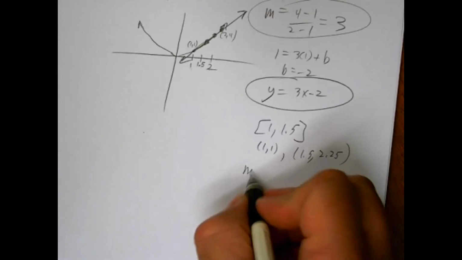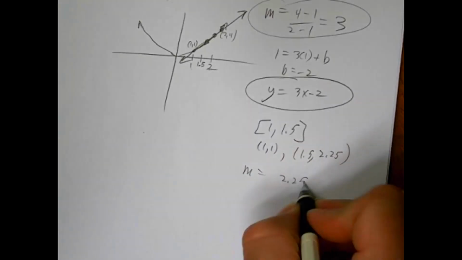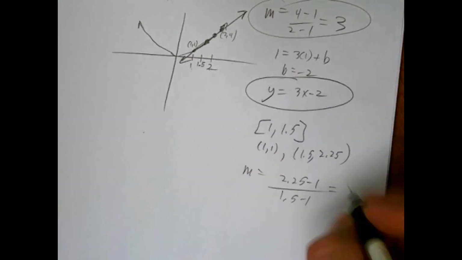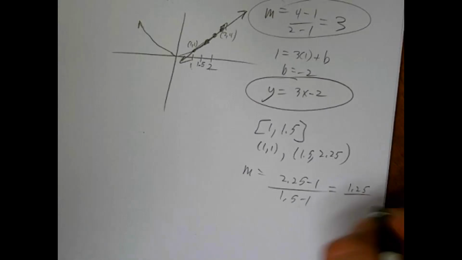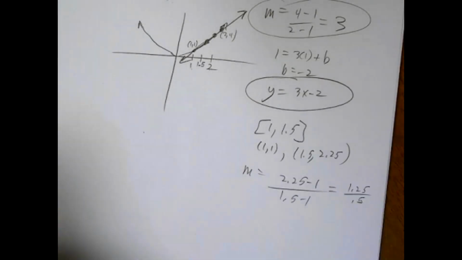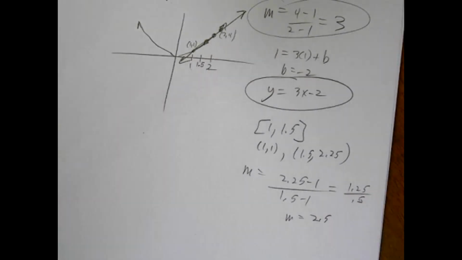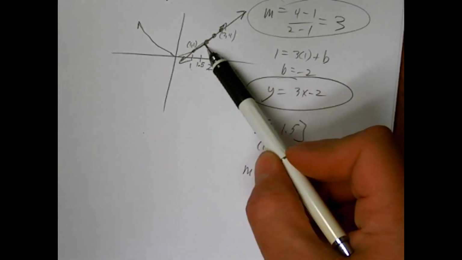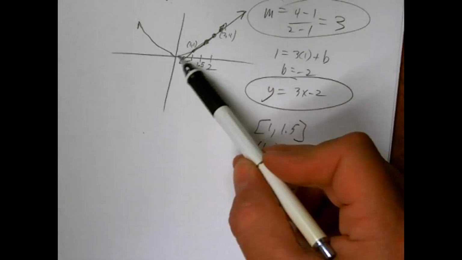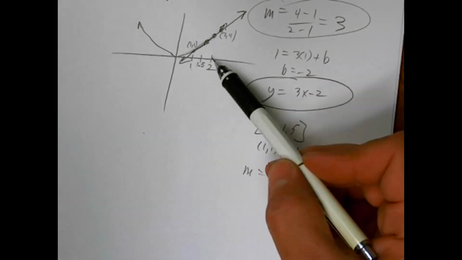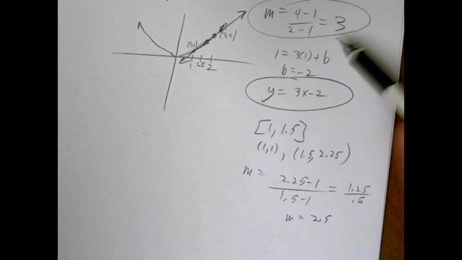So this time my slope is 2.25 minus 1 over 1.5 minus 1. This is 1.25 over 0.5, which comes out to be 2.5. Since I moved closer, you should be able to visually see that this line is going to start going a little bit more downhill. And that's why the slope went from a 3 down to a 2.5.